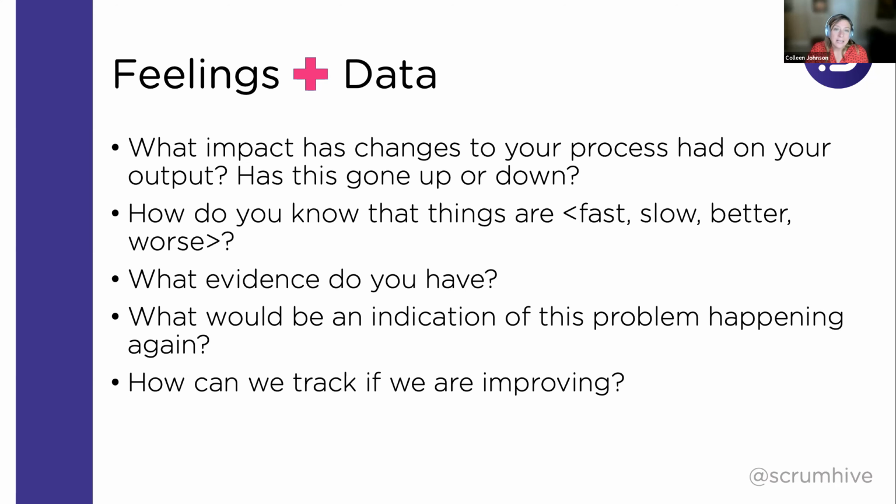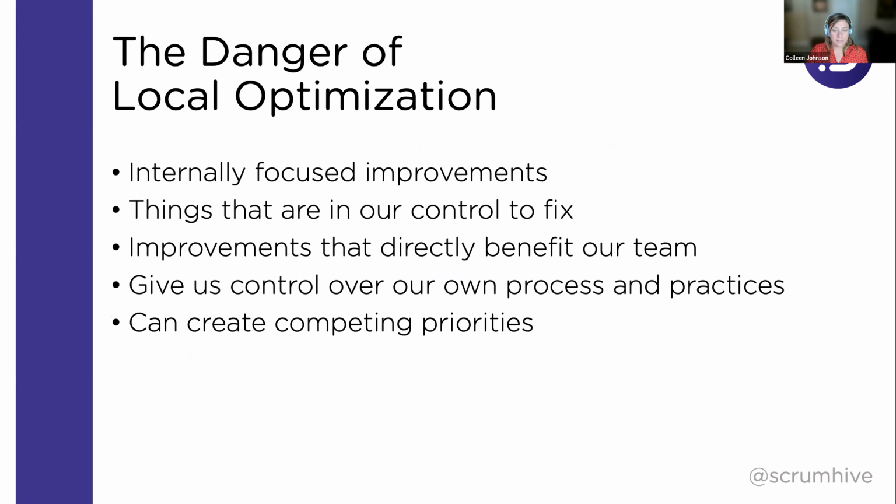There is one downside, I think, to team level retros. And I think that it can be that we have almost too much local optimization to the detriment of other teams. And I see this a lot, I guess, less with the product delivery teams and more with all those teams that tend to support product delivery, right?